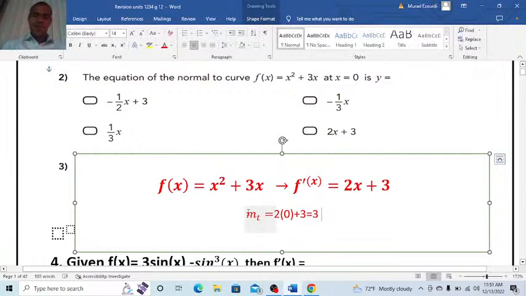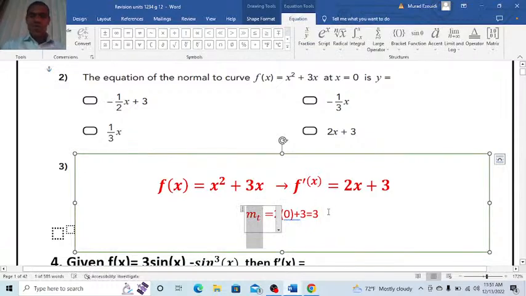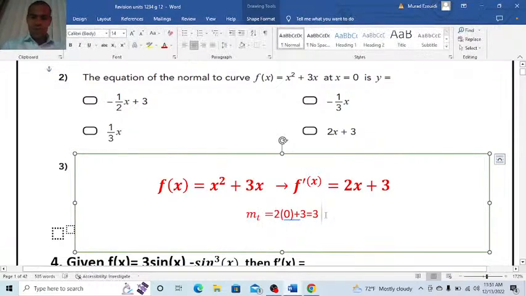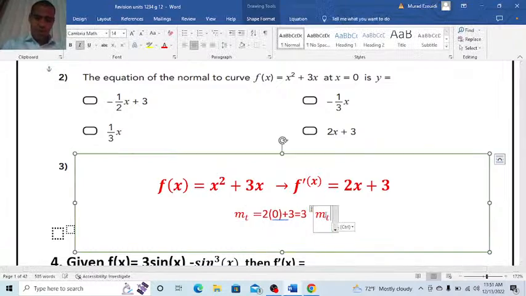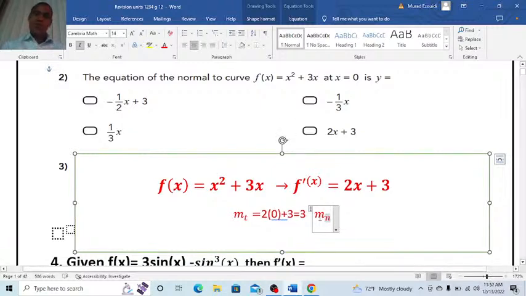Now the gradient of the normal, my learners, should be, therefore, I will write here small n, to distinguish between the gradient of the normal and the gradient of the tangent.